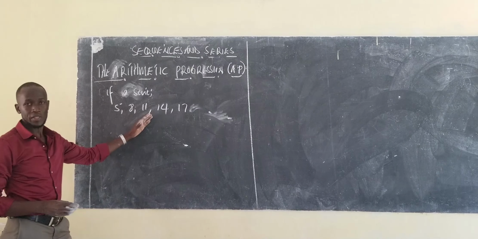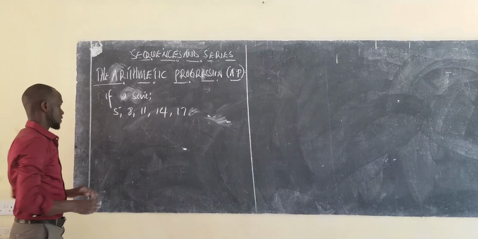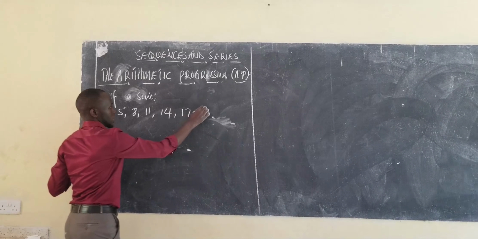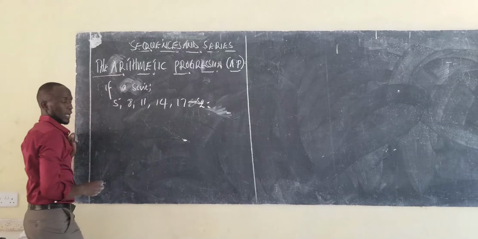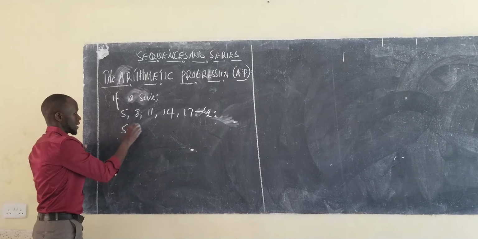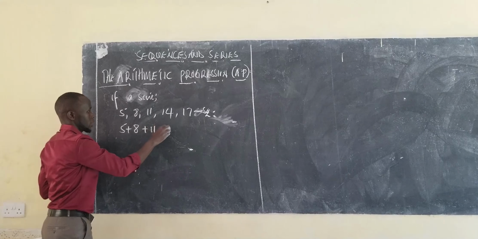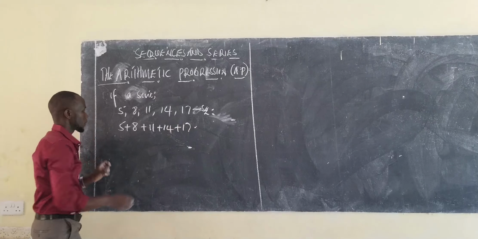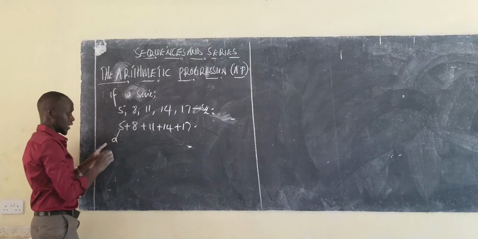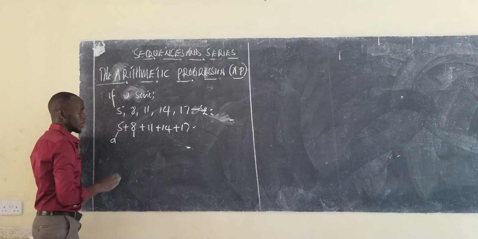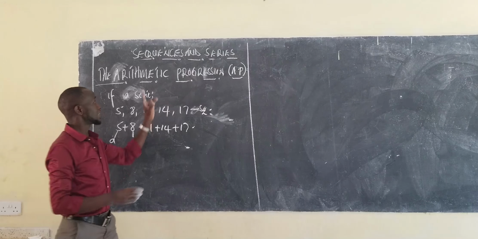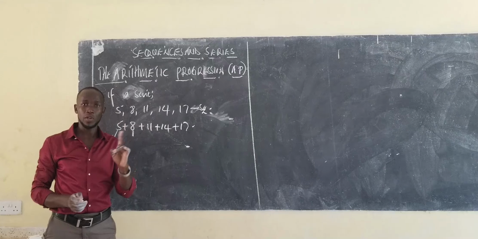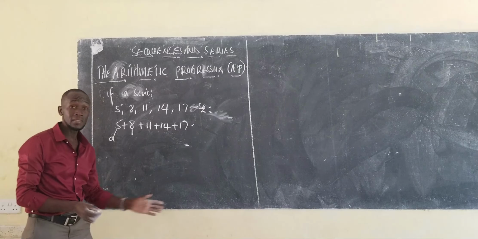We have this sequence given very clearly, and someone says, I'm writing a series out of it: 5 plus 8 plus 11 plus 14 plus 17. If this is the first term A, and this is the second term, the only difference between an arithmetic sequence and a progression is a sign. But these other things are the same.